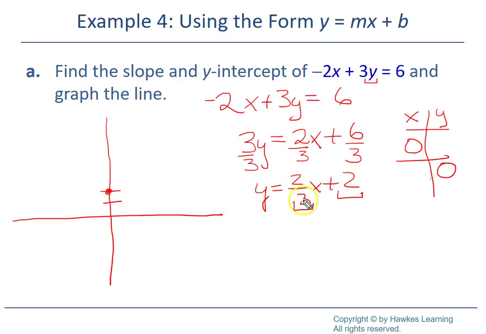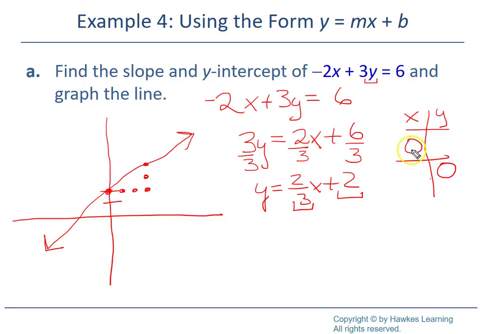So we know there's 3 run units. So I just go 3. 1, 2, 3. And there are 2 rise units. So I just go up 2, 1, 2. And then there's my line here. So this is a shortcut method of graphing it.